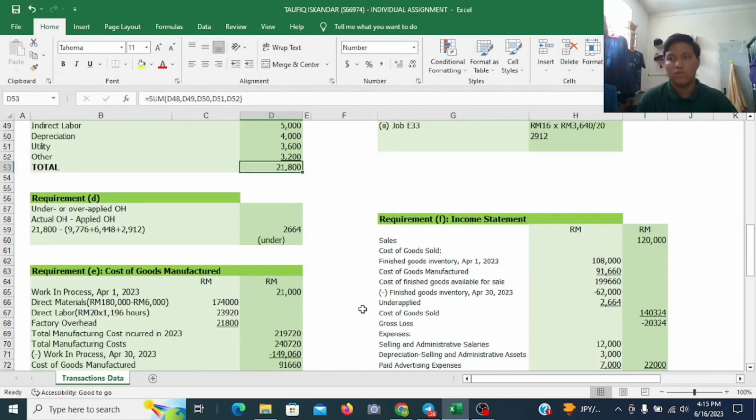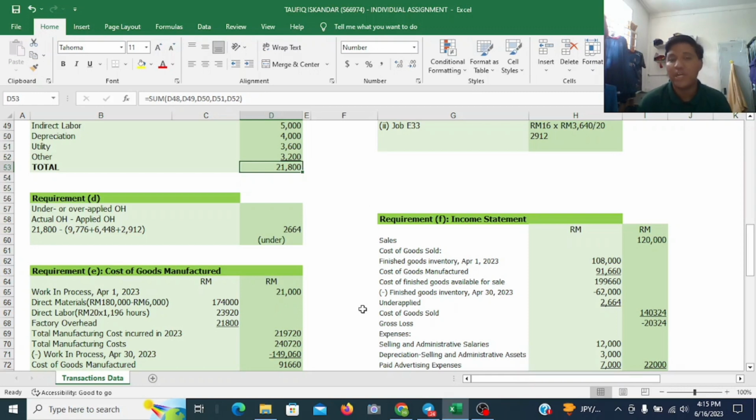So we go to question D. Question D, we need to compute the under or over applied manufacturing overhead for the month. To find under or over applied overhead, we subtract the applied overhead from the actual overhead.